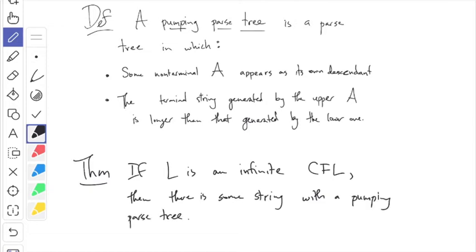All right? That is to say, no matter what the language is, as long as it's context-free, it is possible to find some string that has a parse tree which has these properties. That is, one non-terminal sits below itself, and the strings that the upper one generates are longer than the strings that the lower ones generate.